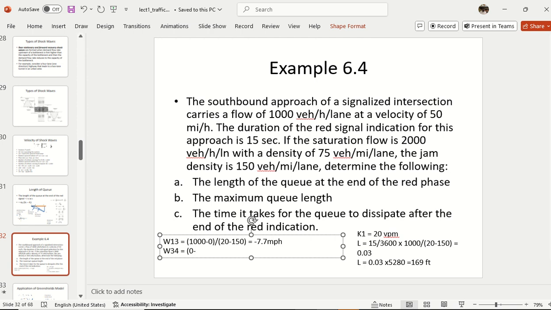When the signal opens, it becomes green and the vehicles are already in the queue. Then they go at saturation flow rate, 2000. Again, the same rule which I told you about KJ. Because the vehicles are already very close to each other and they are ready when the signal becomes green. So when they leave, they are very close behind. So their flow rate is higher. Here they were coming randomly.